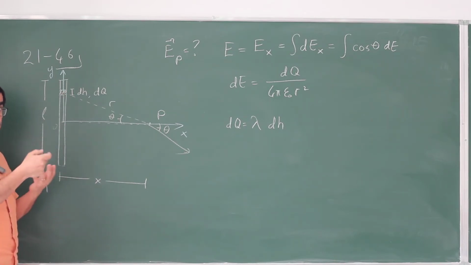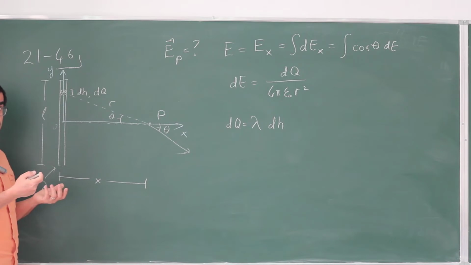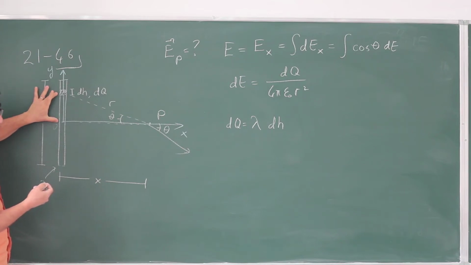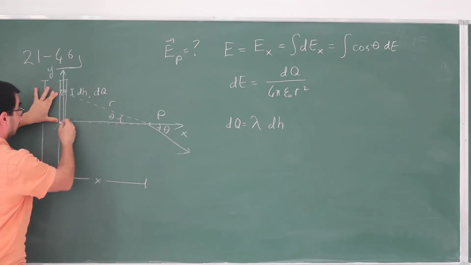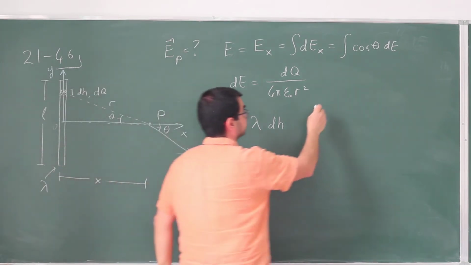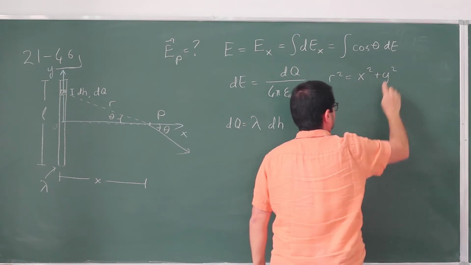That point actually just has a y-coordinate. The x-coordinate is 0. And that y-coordinate also gives the length of this edge on this right triangle, and this other edge is already x, so I can say that r squared is x squared plus y squared.